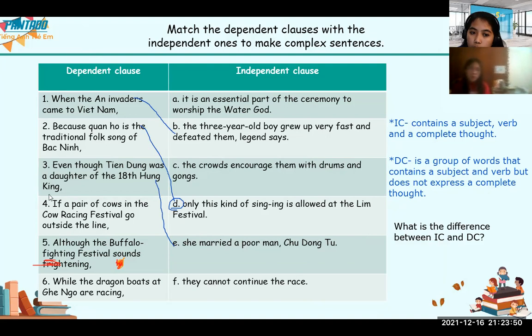How about number four? If a pound of couples in the festival go outside the ring... What's your answer, Ngok? A, you mean this one? Okay, kindly read your answer.